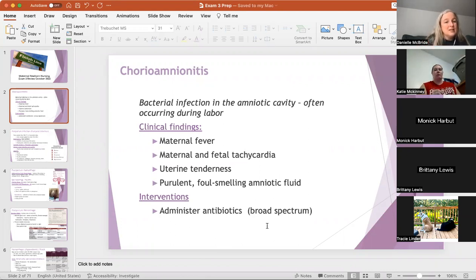I don't think that it goes into this much detail in your book. But I see a penicillin, like penicillin, ampicillin, something-cillin, and gentamicin. Okay. And in that way it covers both the gram-negative and the gram-positive bacteria. Okay, but I think as long as you recognize normal antibiotics, you can be like, oh, that's an antibiotic. That might be what we use. Okay.